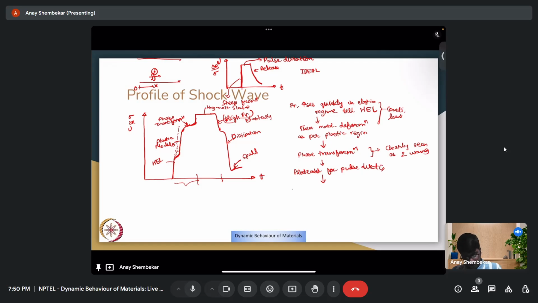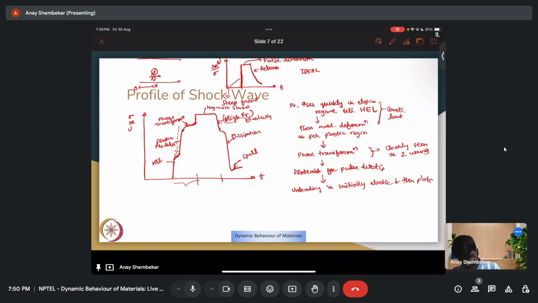And your unloading is initially elastic and then plastic. In the plastic region when it's unloading, there may be some cyclic loading and unloading that could result in some dissipation. Again, that's a separate topic.